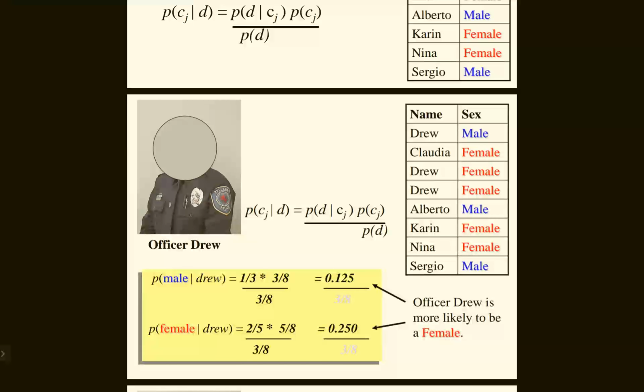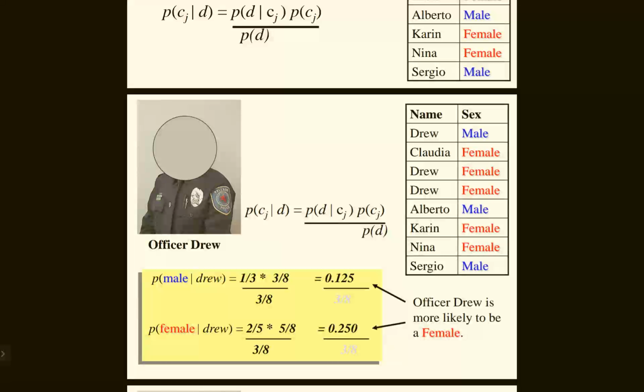Okay, so I'm again quoting in the yellow highlighted box here. The probability of Drew with respect to male means how many times Drew appears as male in our database. At one time, because in the first record you can check here, that is only one. That's why it is one divided by how many males there are.